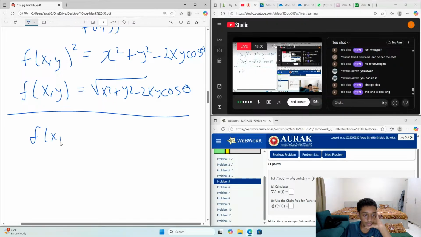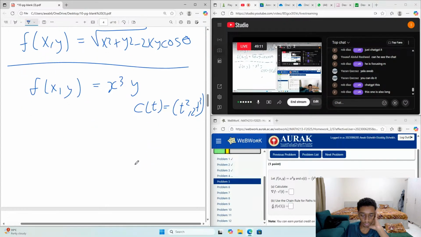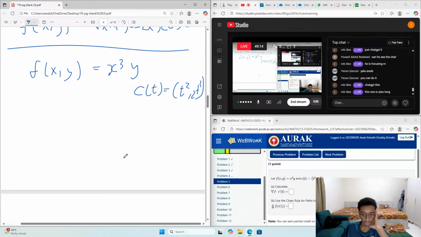f(x,y) is equal to x cubed y, and why is it long, it's only 2 variables. c(t) is t squared, 2t cubed. Calculate.